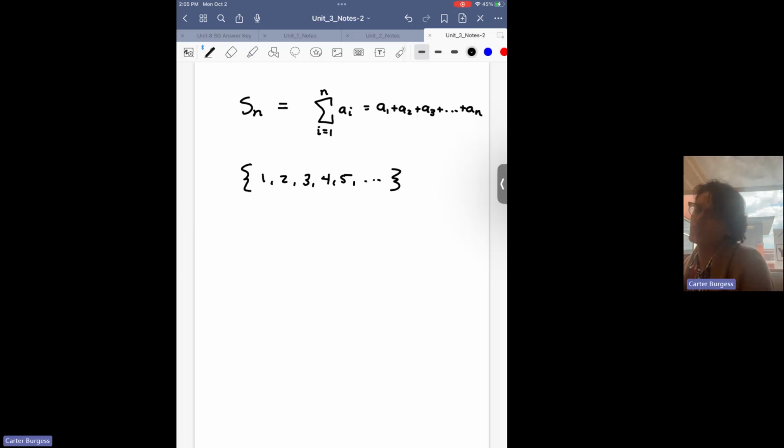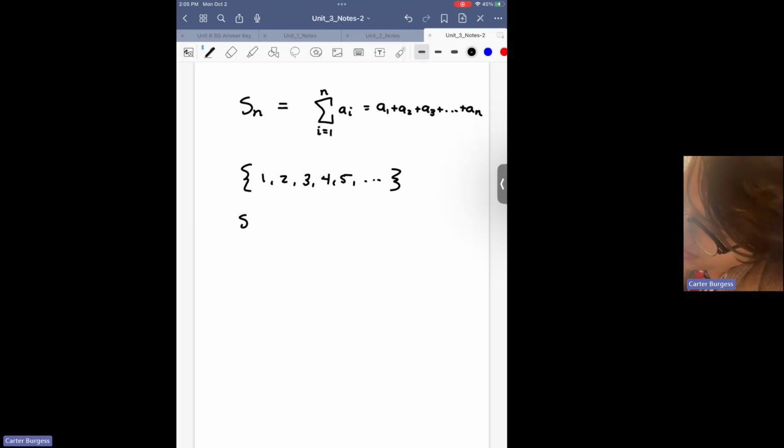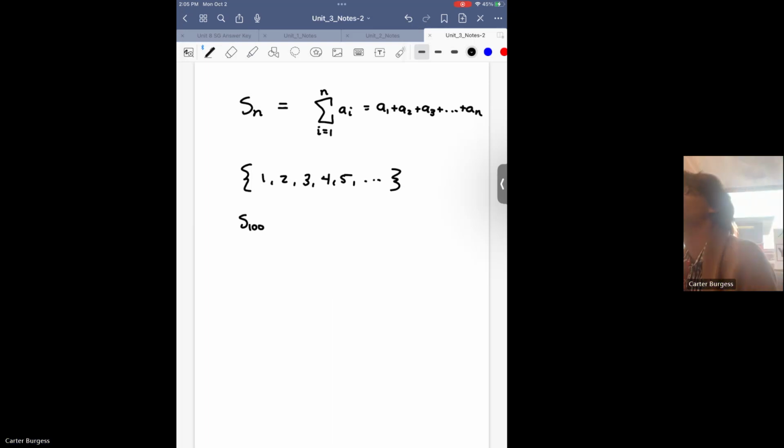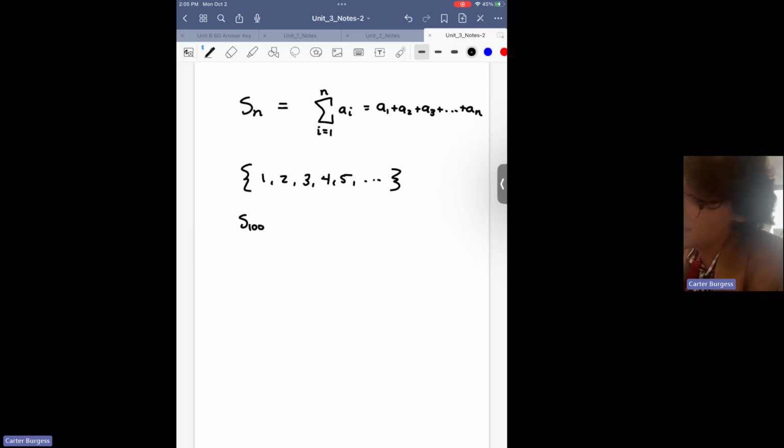And I want to know what S sub 100 is. In other words, I want to know the sum of the first 100 numbers. Okay, so we could, in our calculator, do 1 plus 2 plus 3 plus 4 plus 5 plus 6, and so on. But let's see if we can be a little bit more deliberate than that.